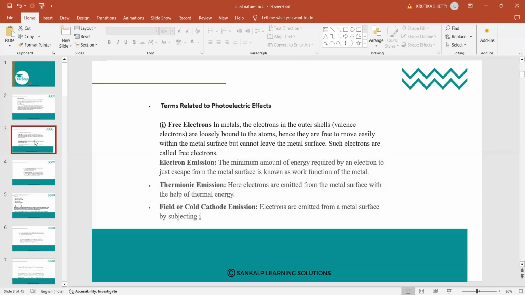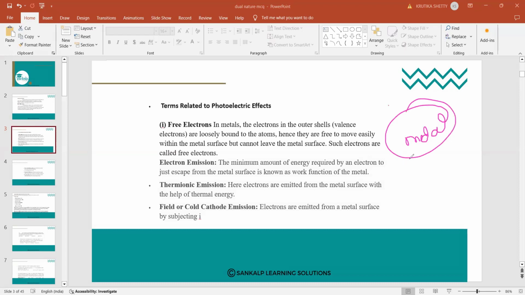So here one question will come: why are metals preferred for obtaining electron emission? Whichever electron emission you take, we are specifying a metal surface. So why is a metal surface required?